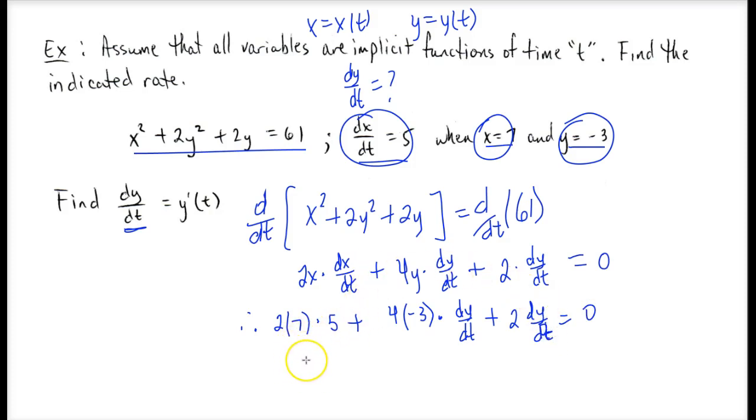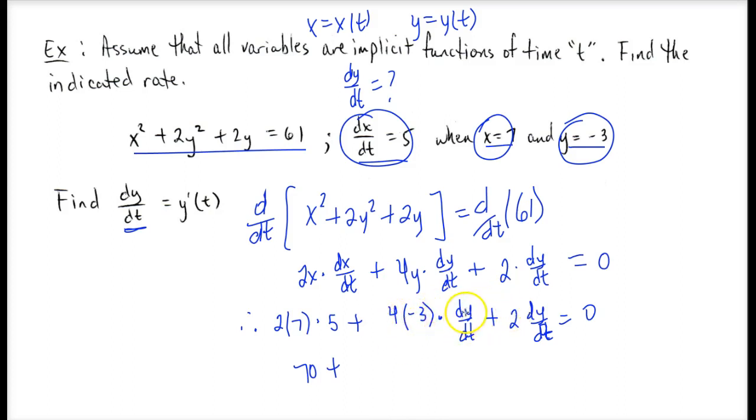So once we do all that, it's just a matter of number crunching here. We have 2 times 5 is 10, 10 times 7 is 70. So we have 70 here plus, and we have 4 times 3 is a negative 12.